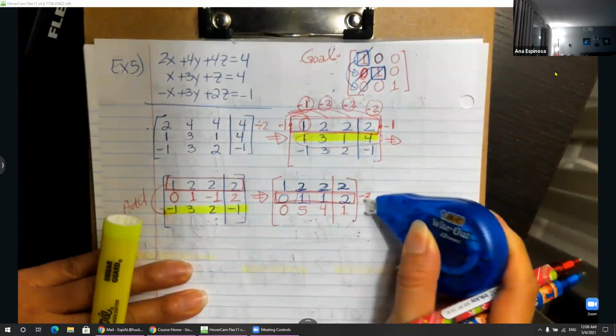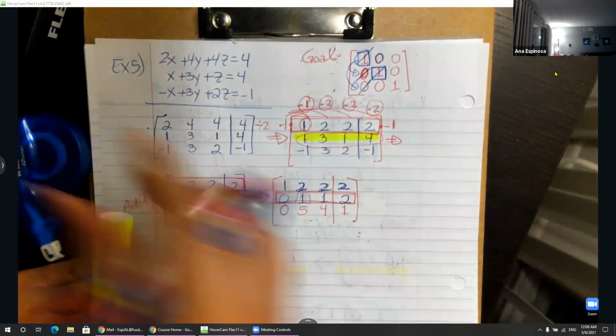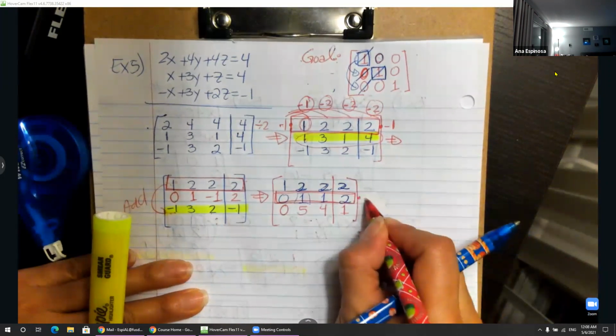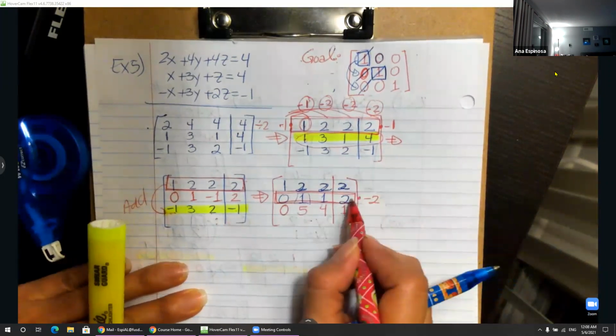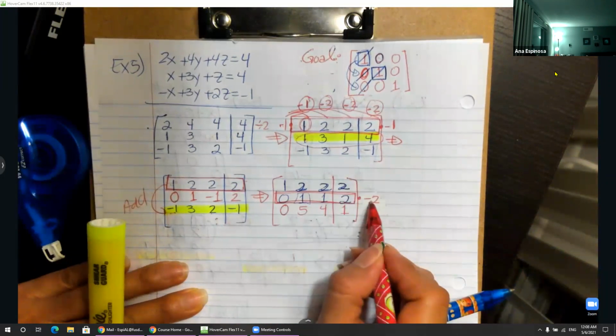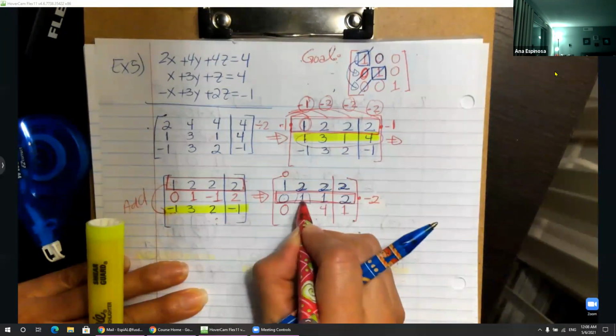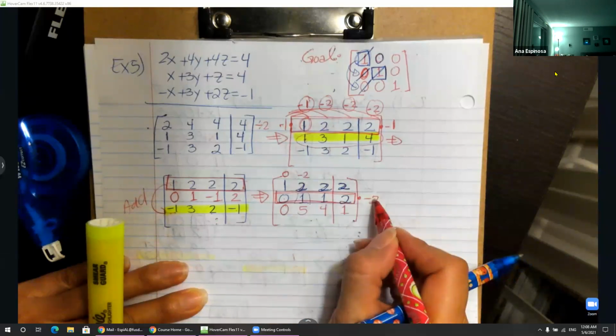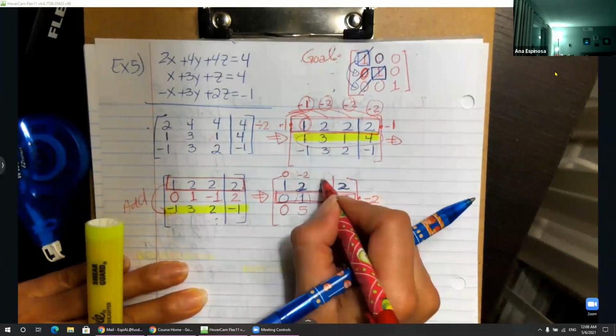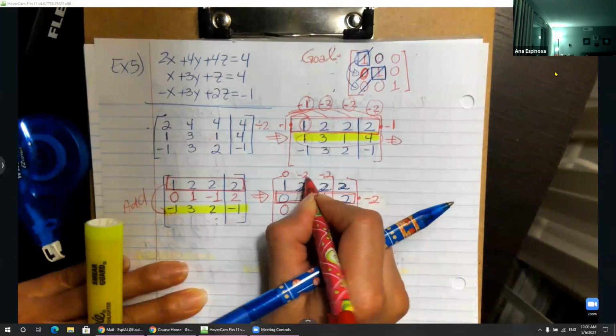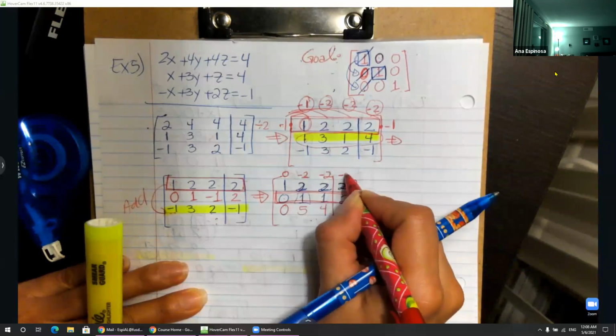Get rid of that arrow, might be a bit confusing. So I'm going to multiply this by -2. And I'm going to put the answers right above. So -2 times 0 is 0. -2 times 1, -2. -2 times 1, -2. And this is -4.